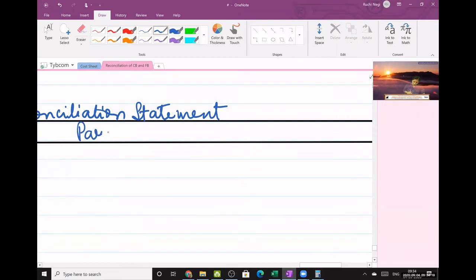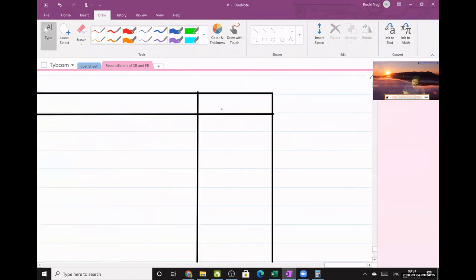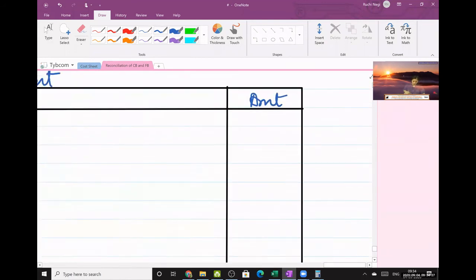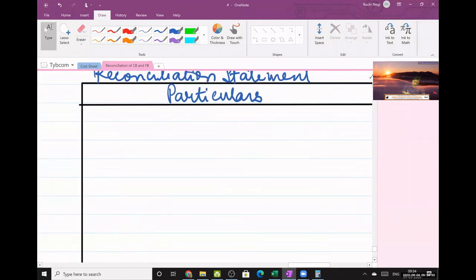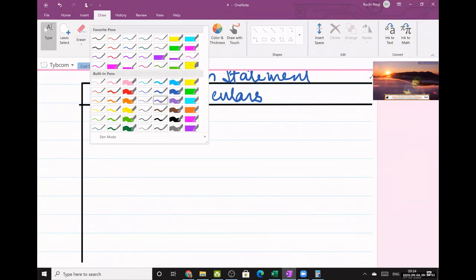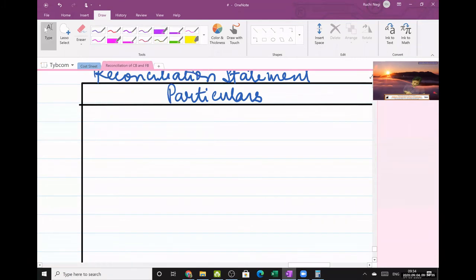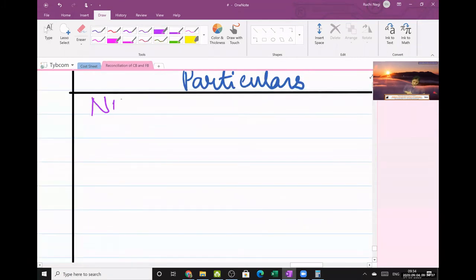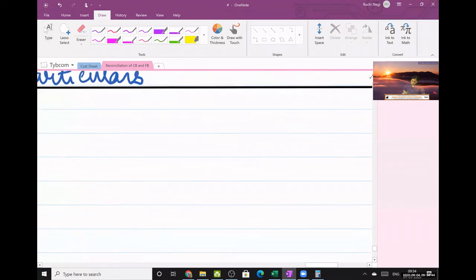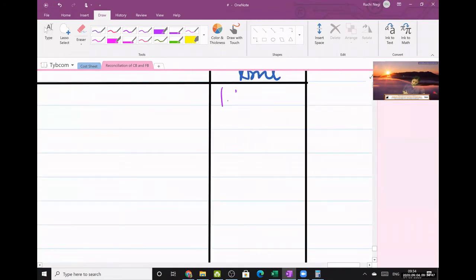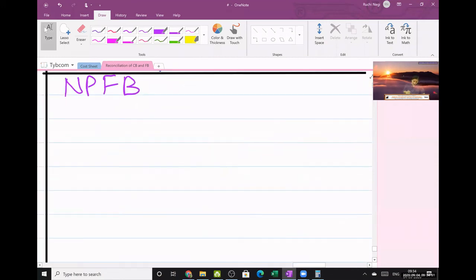Particulars. Amount. So today I've started with net profit as per finance books. So right over here, net profit as per finance books. So that's how much? 1,83,000. Okay. Add list the items.